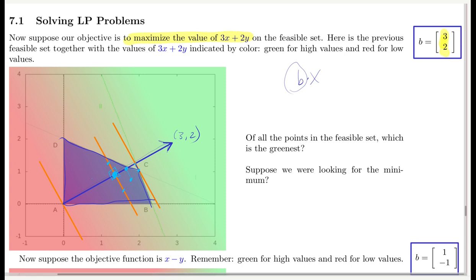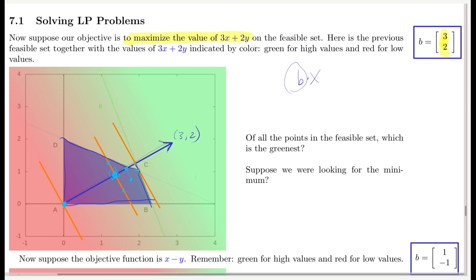Similarly, we were talking about maximizing it, but suppose you wanted to minimize the quantity 3x plus 2y. It would be very similar, except that you'd want this point here, right? So you'd want to pick the vector that has the smallest dot product, and that would be 0, 0. Right?